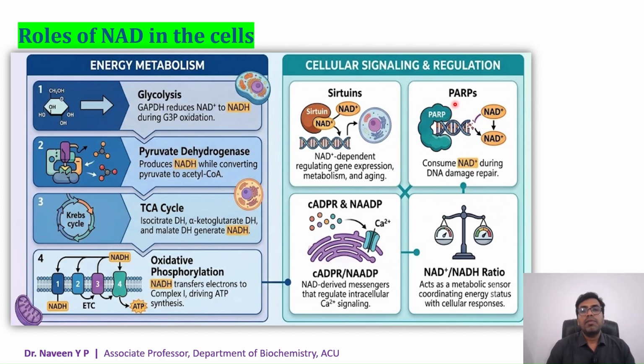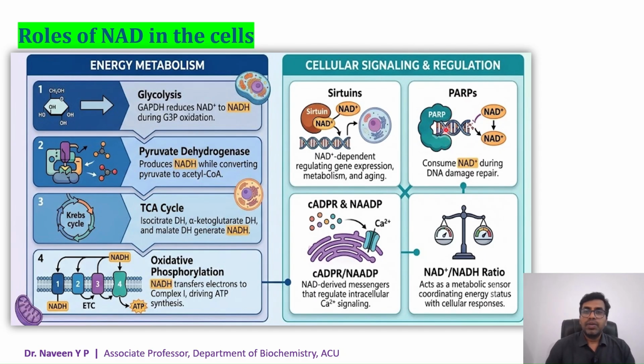These PARPs add ADP ribosyl groups onto various proteins, and they participate mainly in the DNA damage response, because wherever the DNA damage is, the PARP will go and bind, and then take the ADP ribosyl group from the NAD, and add that onto various different proteins to activate them and also to recruit DNA damage repair systems.